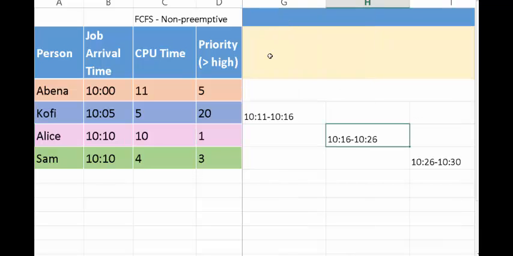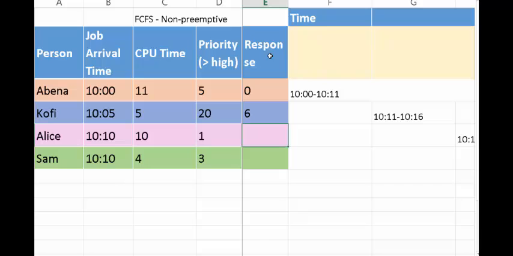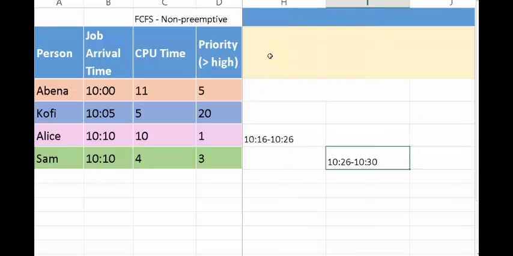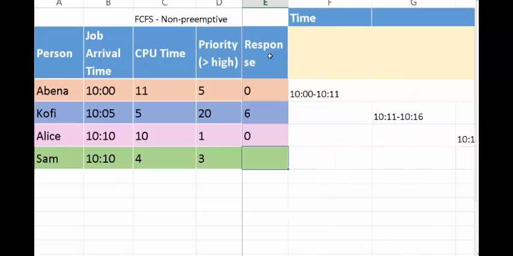Alice got to run exactly when she came in, so response time 0. Sam got to run at 10:26, but came in at 10:10, so response time 16. So response time is usually how much time from when you came in to when you actually started doing some work.